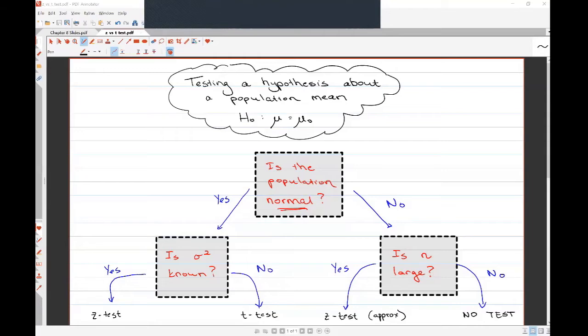If you do have a normal population, then it's important to determine whether the population variance is known or whether you're using the sample variance in your test. Normality and known variance results in using a z-test. Normality and unknown variance results in using a t-test. In both of those instances, the test you are using is exact.